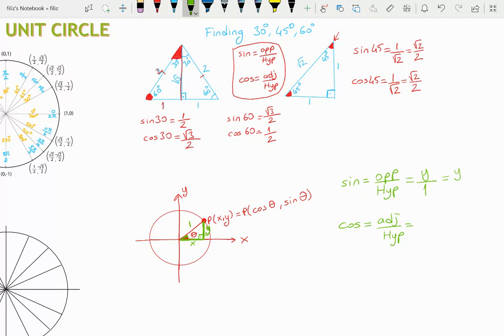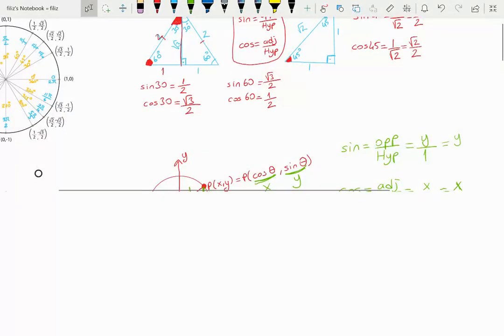What is my adjacent? x. And hypotenuse, same 1, so it is equal to x. As I said before, in this unit circle, x values are cosine, y values are sine. So after that, we can start the unit circle.